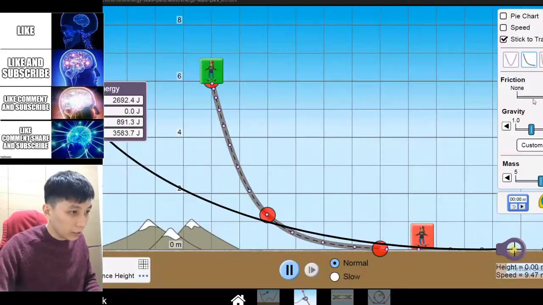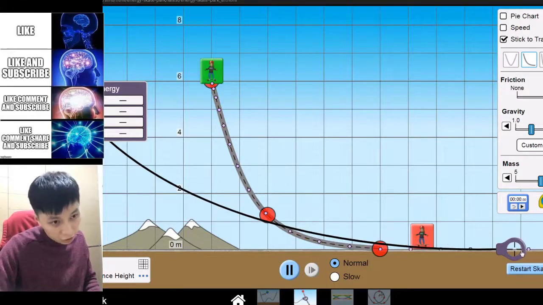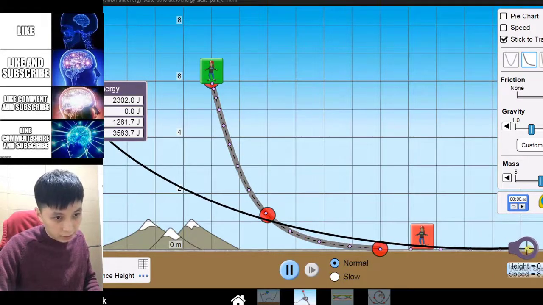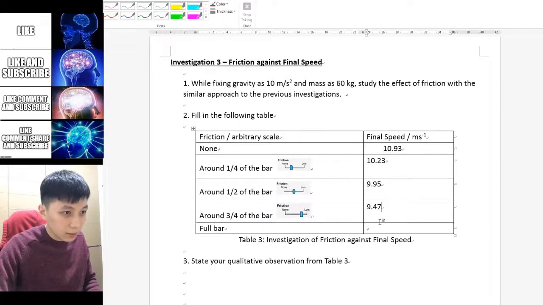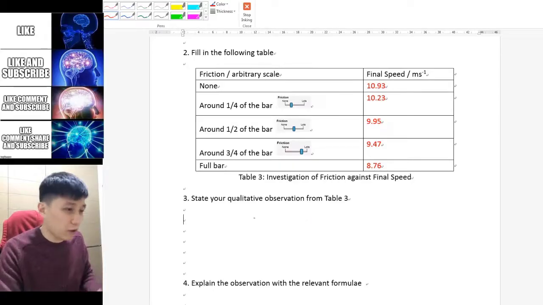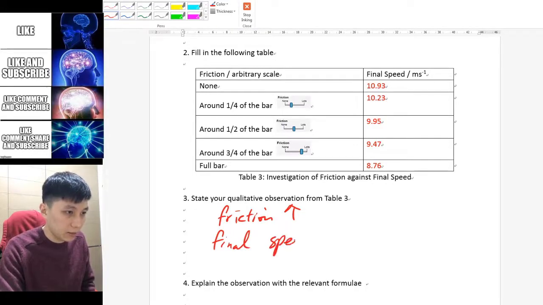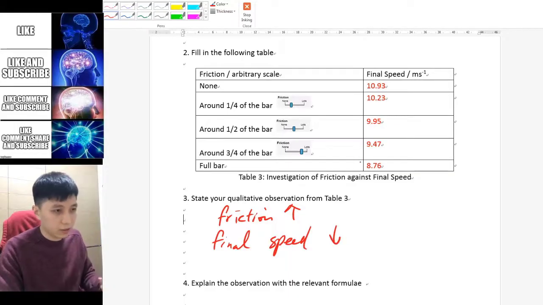And then finally, full bar, we will get even slower, of course. 8.76. And so the qualitative observation is very obvious: when friction increases, the final speed decreases.